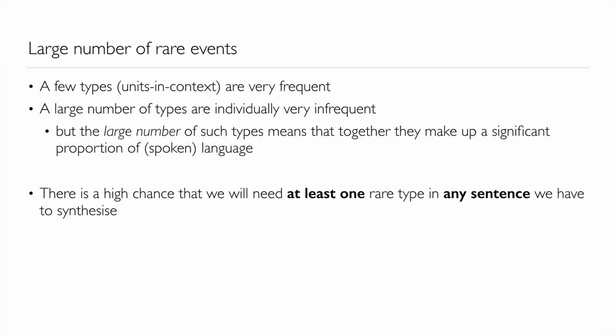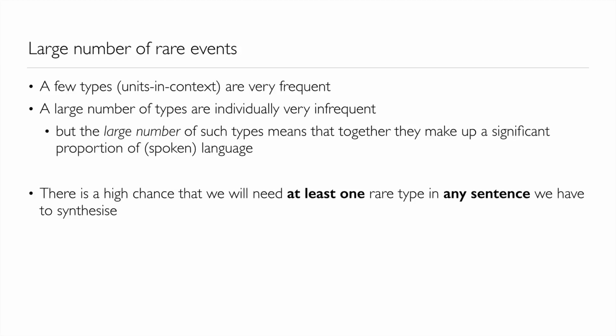Now, natural language has a very interesting property that is one of the reasons it's difficult to cover all of these contexts. And that is that they're distributed very unevenly. Whatever linguistic unit we think of, whether it's the phoneme or indeed the letter or the word, there are very few frequent types.